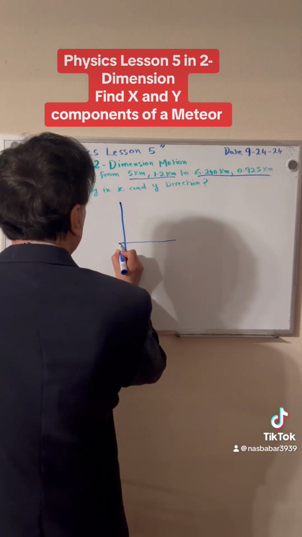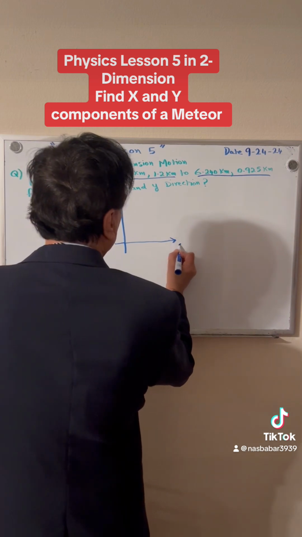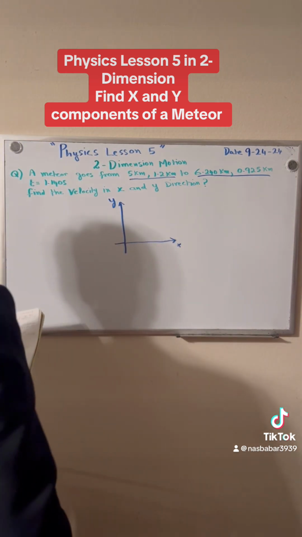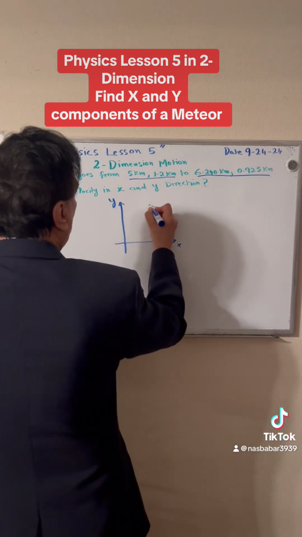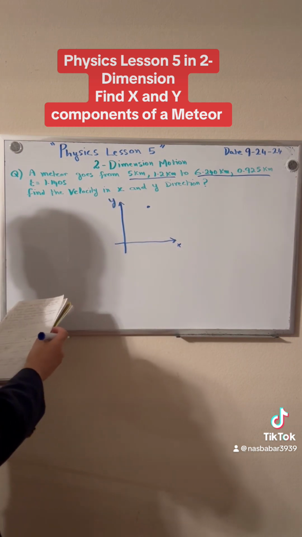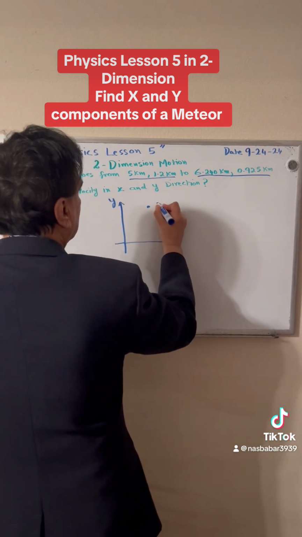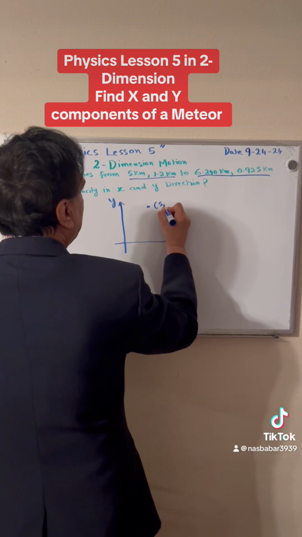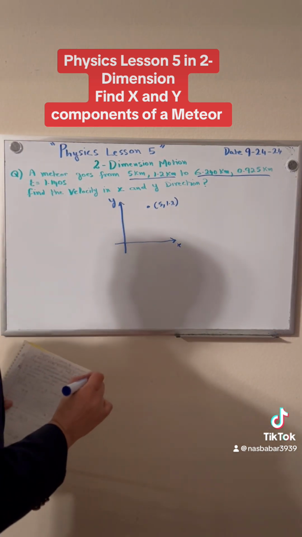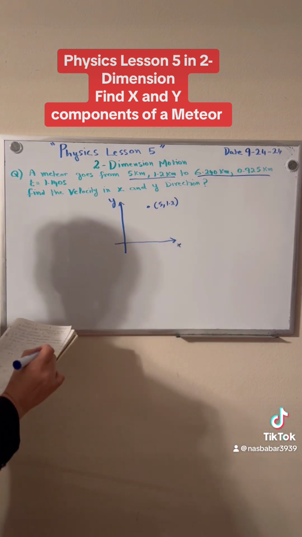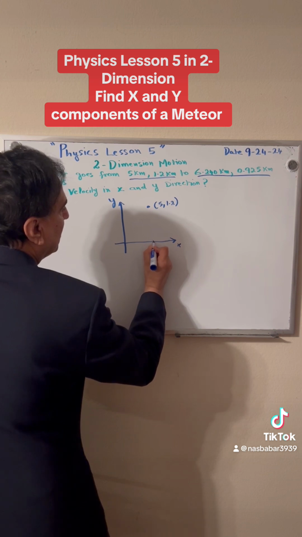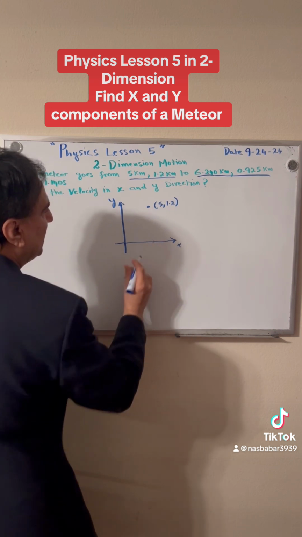So we have x-axis and then we have y-axis. Let's say this is the point A, and the coordinates of this point are given: 5 kilometers in x, and then 1.2 kilometers in y.